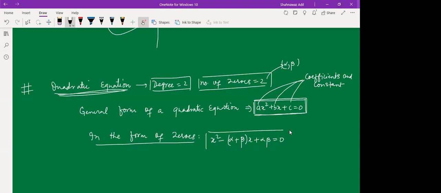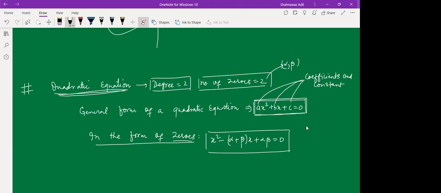This one is in the form of coefficients, and this is in the form of zeros. Both these equations are the same quadratic equation, which means that they are equal, right?